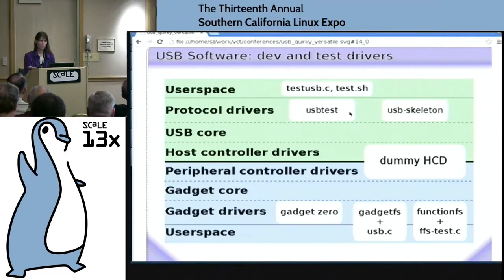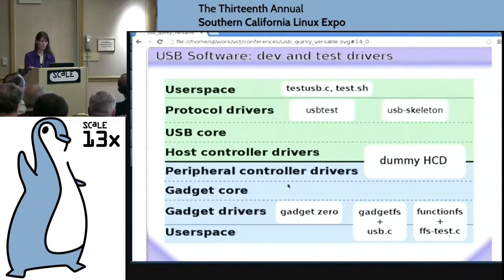It'll do different types of traffic, and it's driving it from a host side driver. So you could use your USB test and talk through, say, a real hardware controller and talk to anything that implements what they call the gadget 0 protocol.